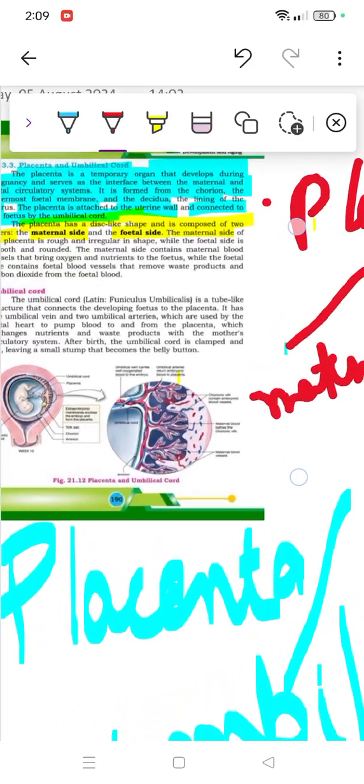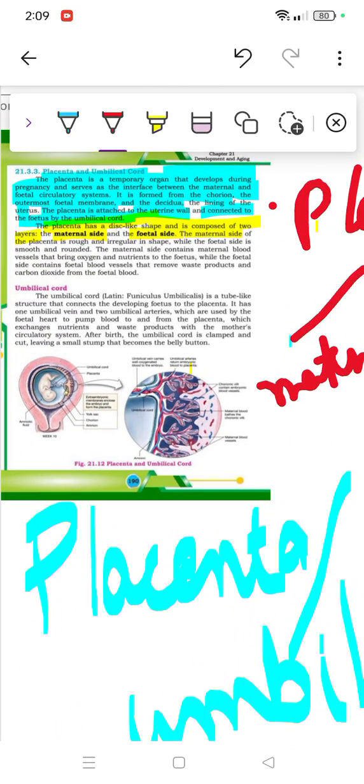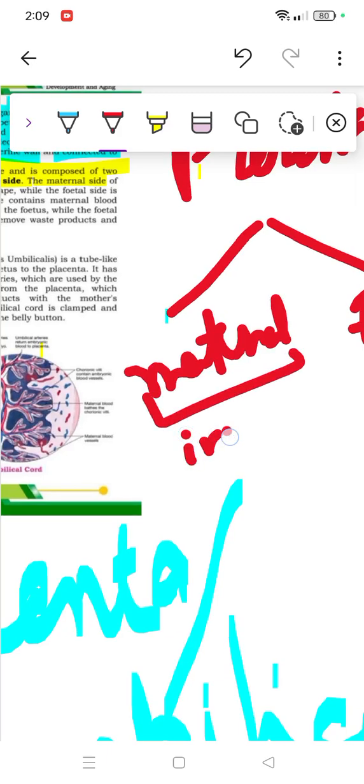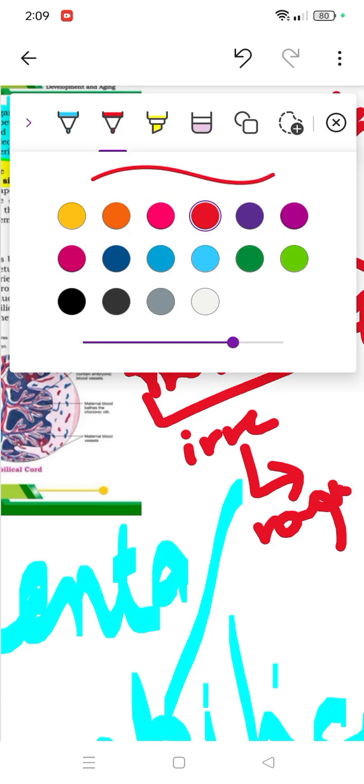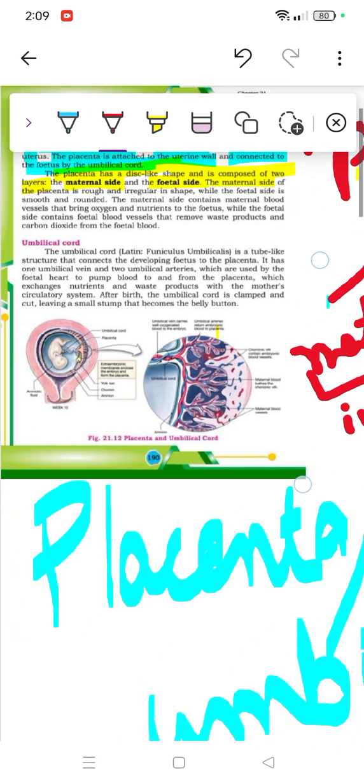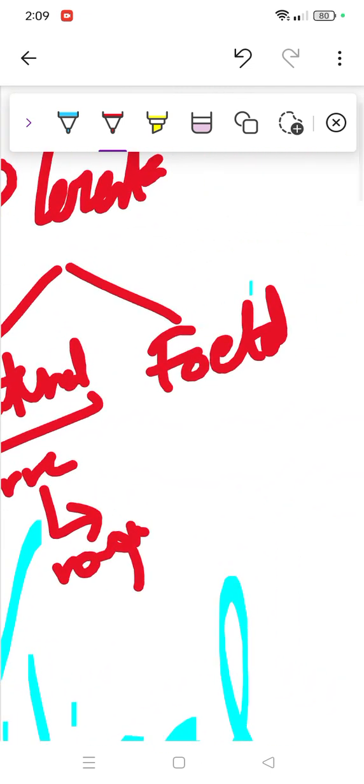First thing, the maternal side, where the placenta is rough and irregular in shape. While the fetal side is smooth and rounded. So they have a particular shape, smooth and rounded.